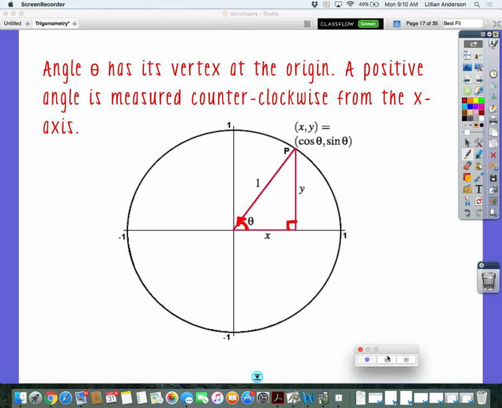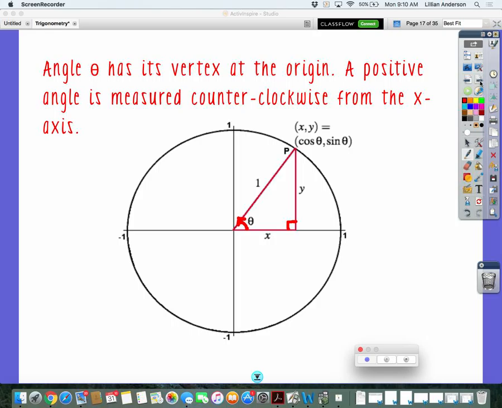So again, using that, you can determine the size of your angle, depending on where that point is located. You can do some SOHCAHTOA, et cetera, or you can also find that point, that location, because x is the cosine of your angle and y is the sine of your angle, all right?